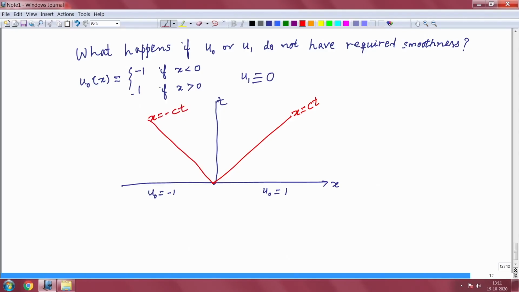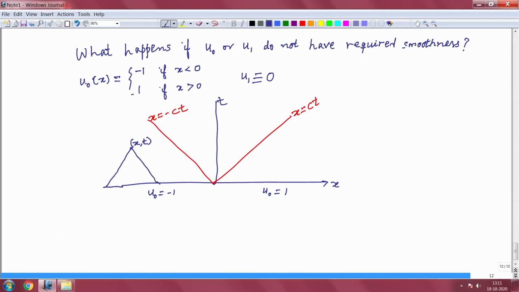If you take any point x, t here, what is the relation between x and t in this case? It lies below the line x equal to -C t. So, x is less than -C t, and if you look at D'Alembert's formula, it is the domain of dependence, that is why it is very important.